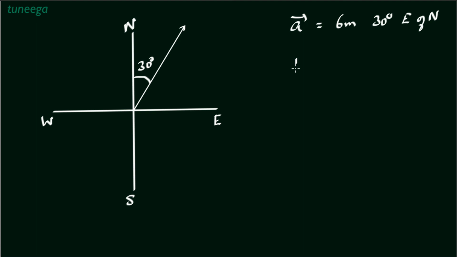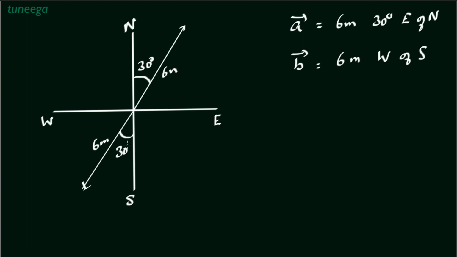The second vector B is given as 6 meters 30 degrees west of south. What does that mean? You start with south and you turn 30 degrees west of south. Let's do that. If I turn 30 degrees west of south, that is also 6 meters, exactly like the previous vector, and you went 30 degrees west of south.